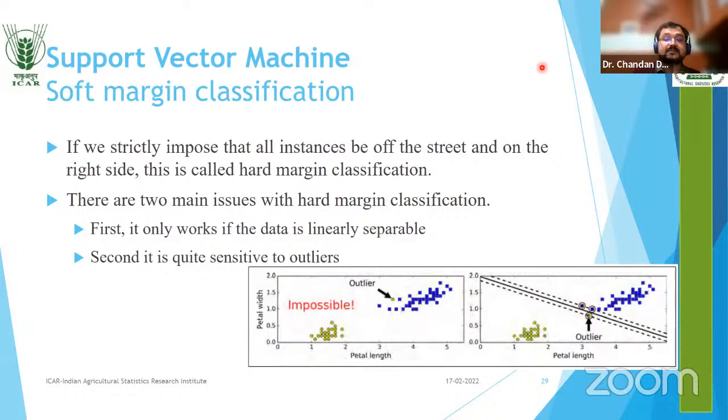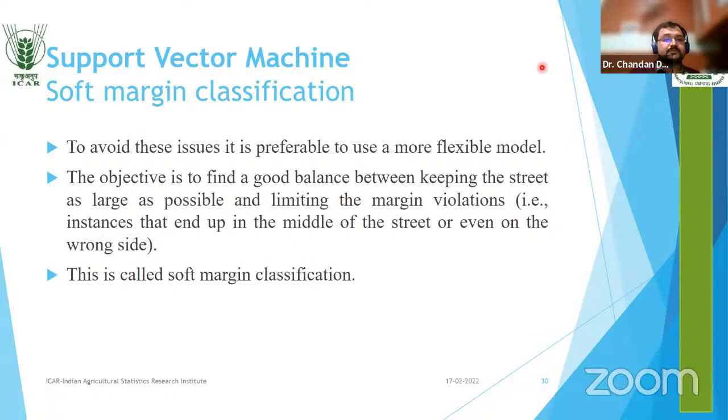With that hard margin, sometimes it is very difficult to train the machine whenever outliers are present, because when we use the hard margin, it cannot classify the outliers properly. So to avoid that situation, the solution is that we can use the soft margin.